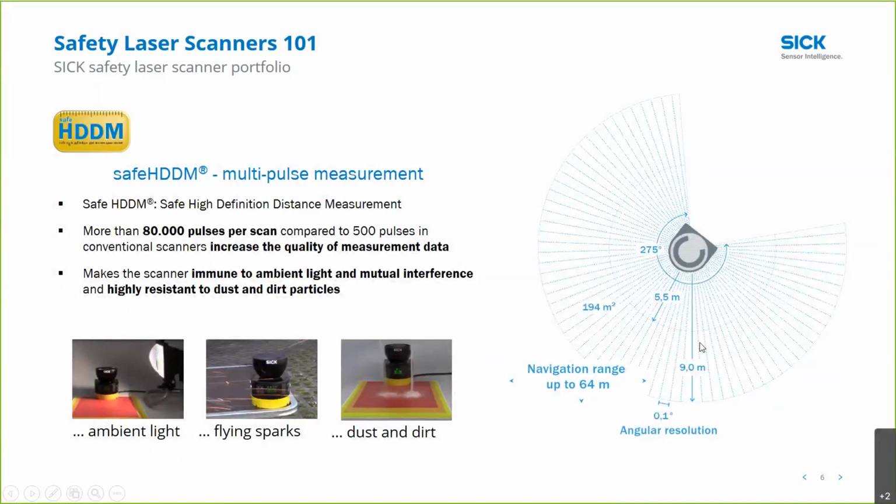When we talk about conventional scanners doing 500 data points, if you just take your hand and spread out your fingers, you can imagine if one of those fingers sees an object, we can say that's something, regardless of whether it was a very small something or a big something, that whole beam saw an object.